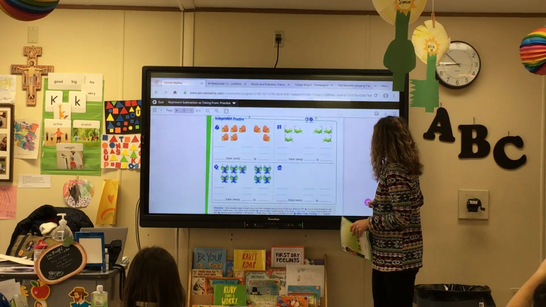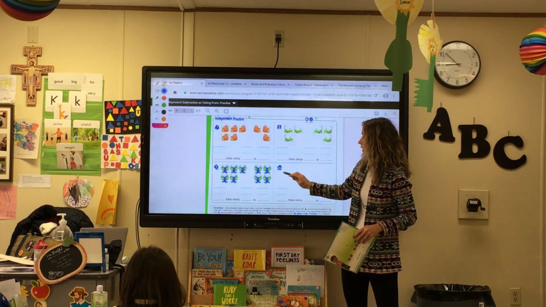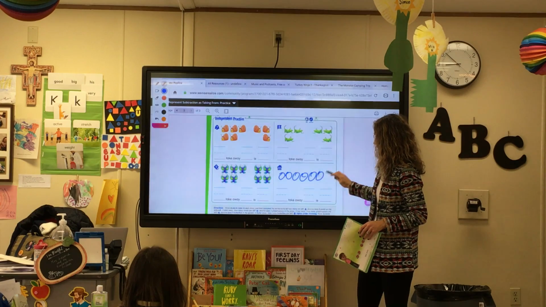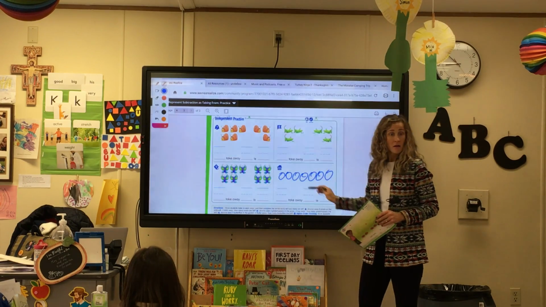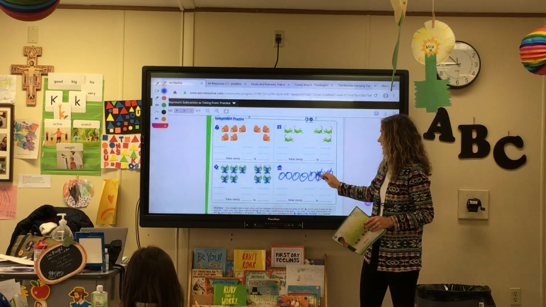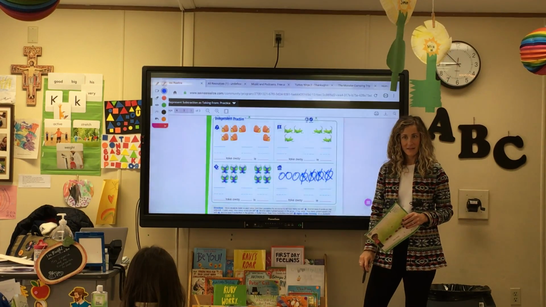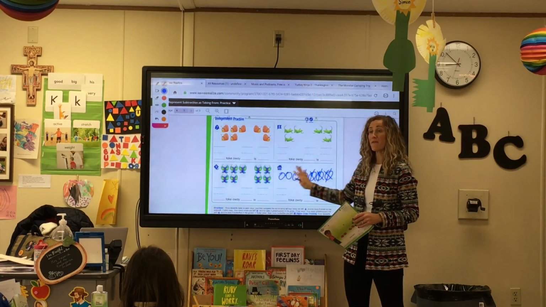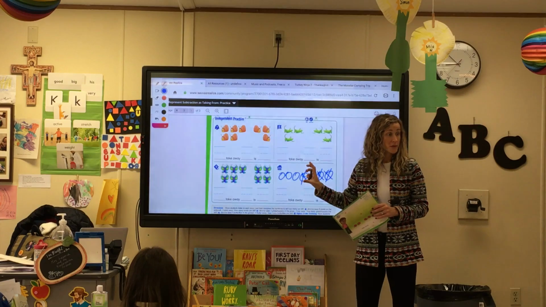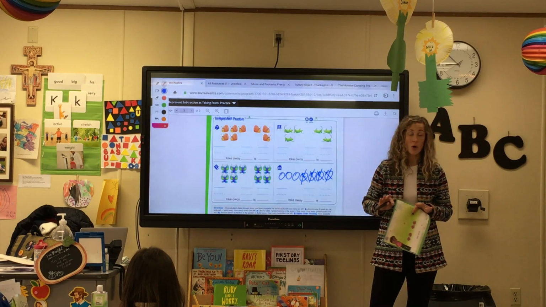So when you have to draw your set of 7, you're not going to add a set of 4. Remember, we're taking away 4. So we have to take away 4 from that first group that we drew. We're not drawing a separate group, okay? Because that means we're adding. And we don't want to do that.